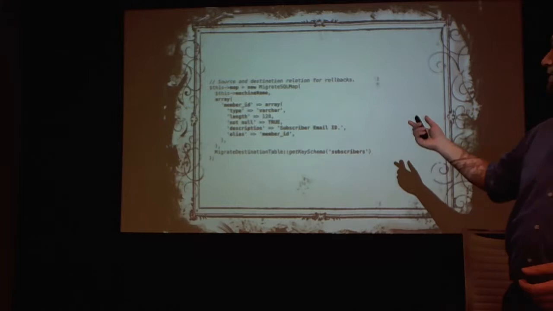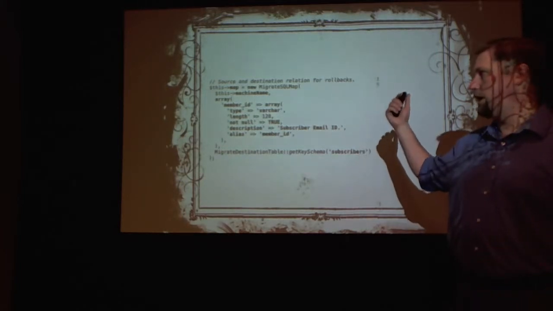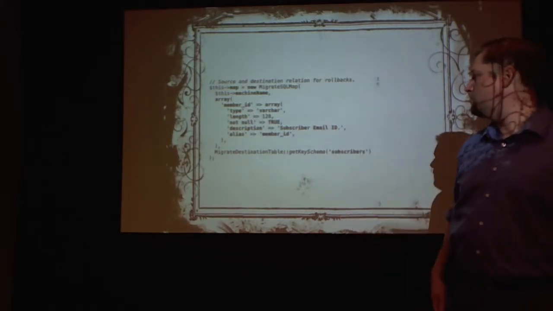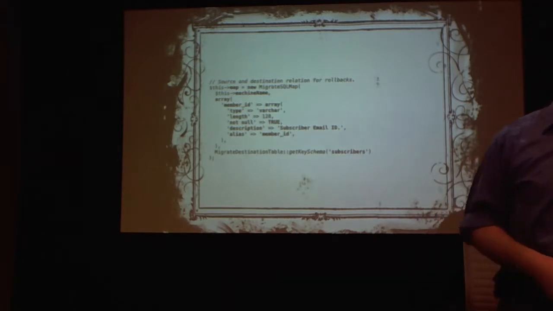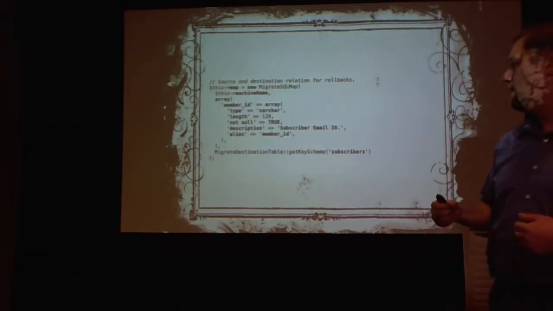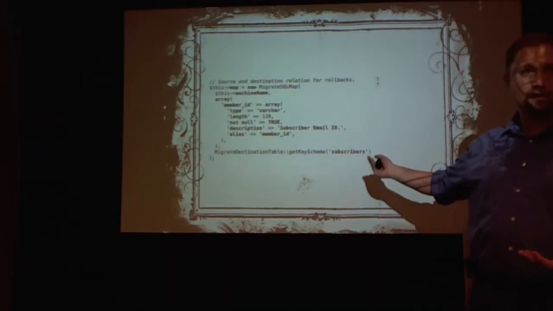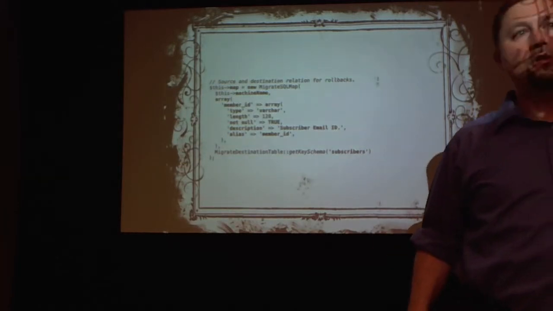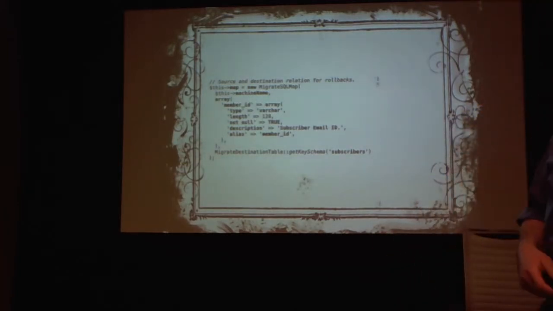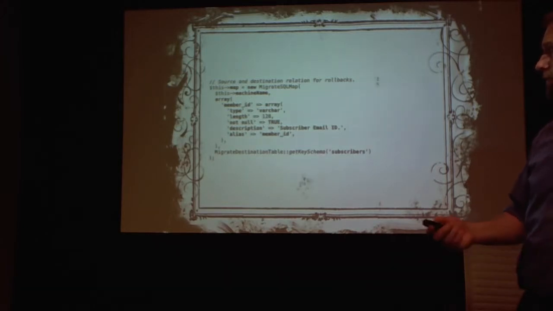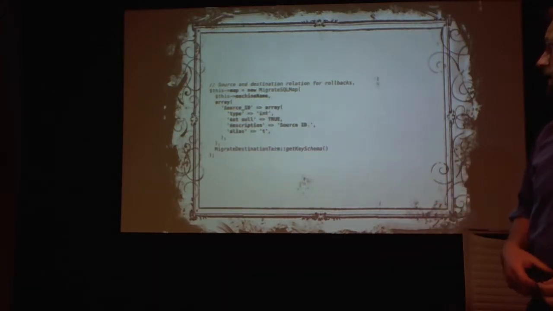In this particular case, it's the same map, but I'm using a destination table instead. I created a specific schema for this. It's some table that's out there. It's not part of the core Drupal stuff. So there are different ways to set this all up.